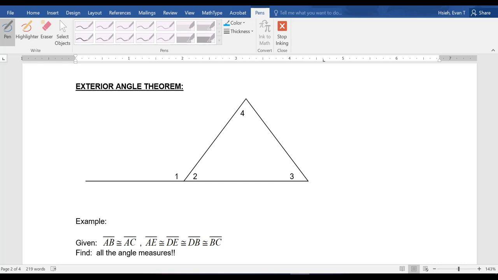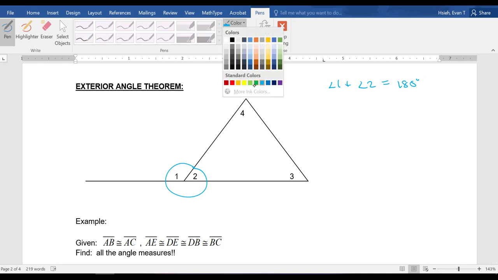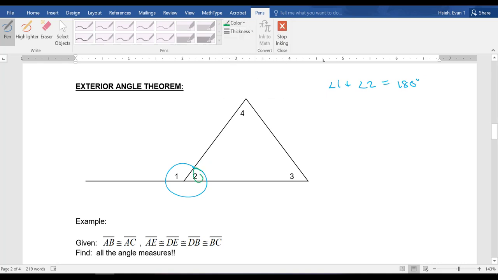So the exterior angle theorem comes from this. You know that these two angles here are supplementary to each other. So angle 1 plus angle 2 is equal to 180 degrees. We also already knew that angles 2, 3, and 4 also add up to 180 degrees.